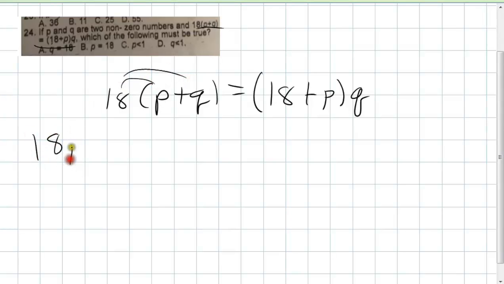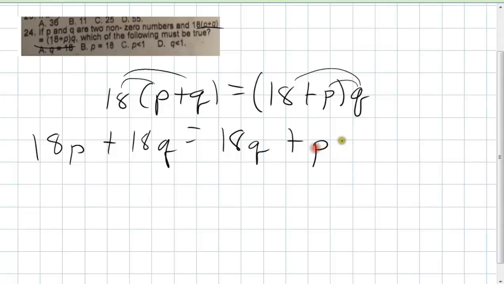So 18p plus 18q is equal to, and now I'll distribute the q over here, 18q plus pq. Okay, so just looking at this, right now I see that I have 18q on this side and 18q on this side. When you're working with an equation like this, and you see that you have two terms that are exactly alike on both sides, and they're alike in sign, which means they're both positive or both negative, you can cross them out.